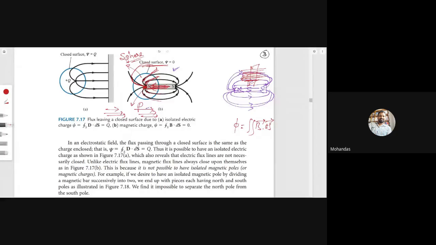Nikita? Yeah. The same X number of flux lines are entering and X flux lines are leaving, then the net flux leaving through that closed surface is zero. Yeah, very good. Zero only.